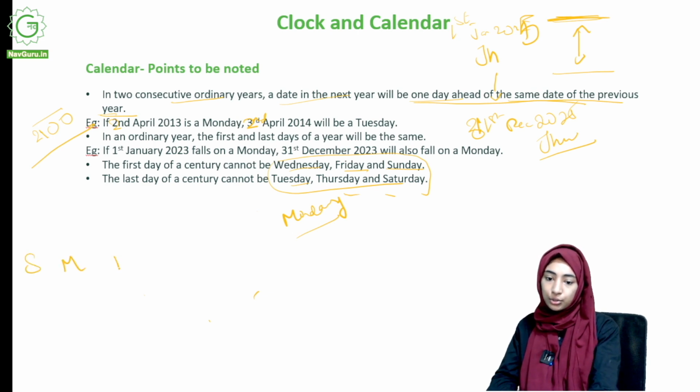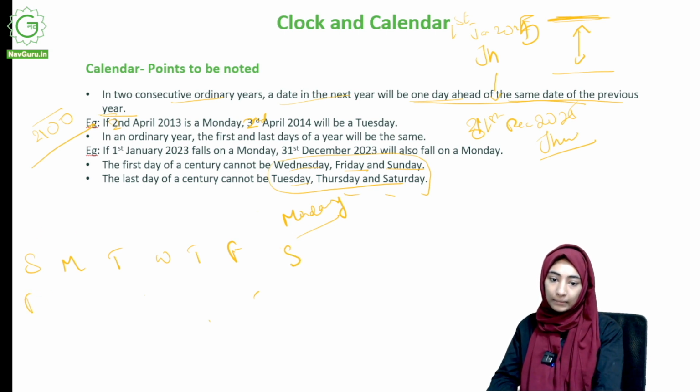Sunday, Monday, Tuesday, Wednesday, Thursday, Friday, Saturday. So F, as in first, meaning the first day cannot be a Sunday. After this, leave 2 spaces, F, and then leave 1 space, F. These are the days it cannot be the first day.